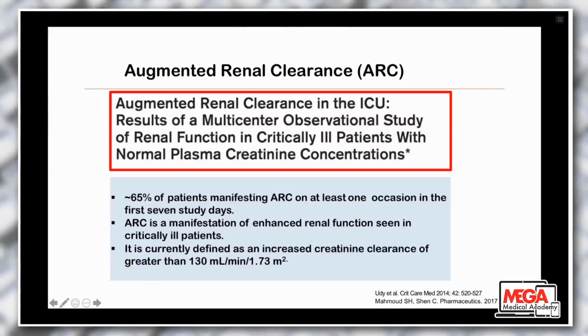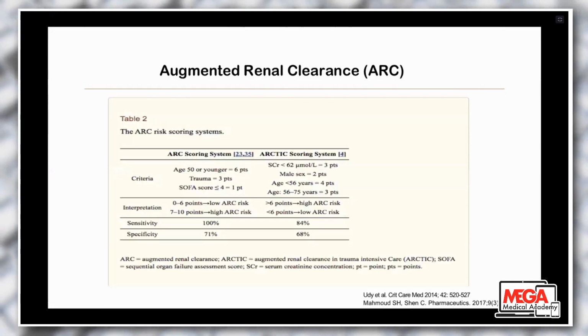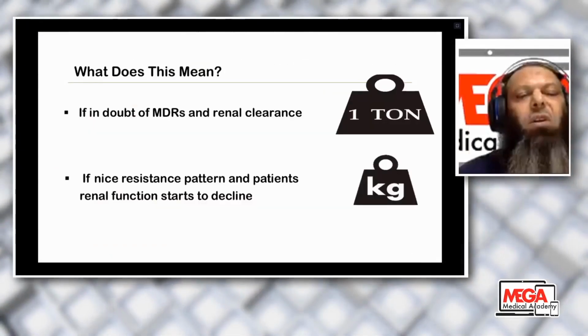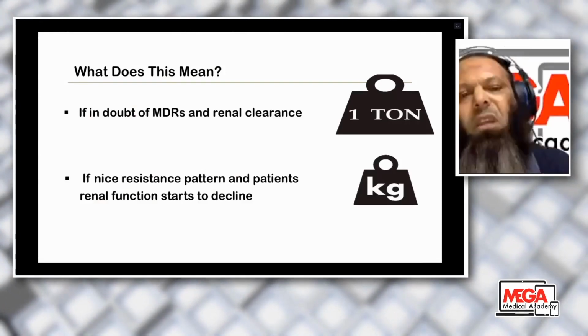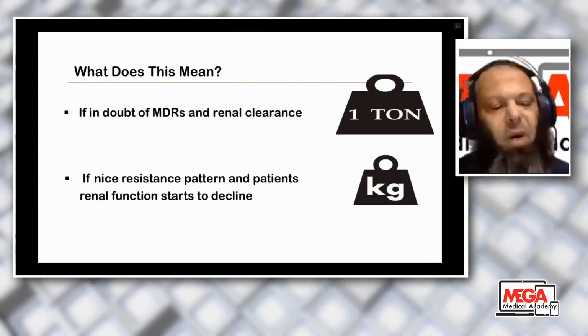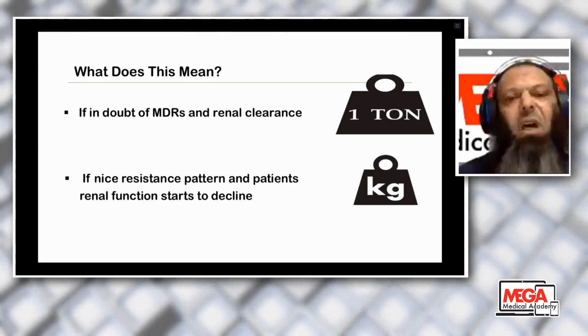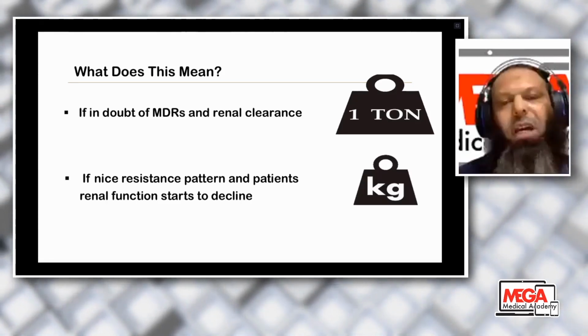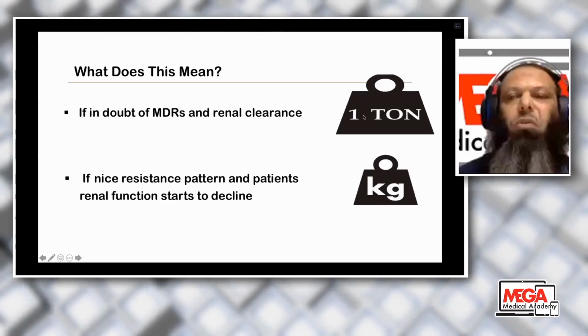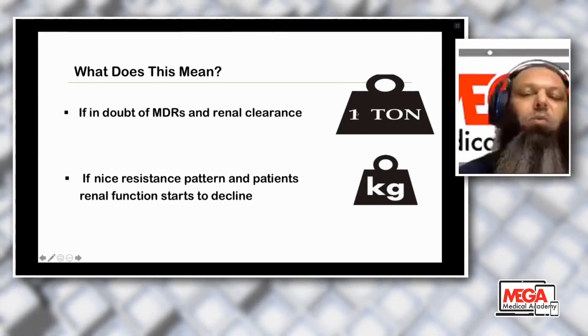I will just skip those slides about the augmented renal clearance, though it's important. So what does it mean if you are in doubt about MDRO organisms as the most likely cause of the sepsis, and you have a normal or high renal clearance? Here you hit with stat doses, or you hit broader.